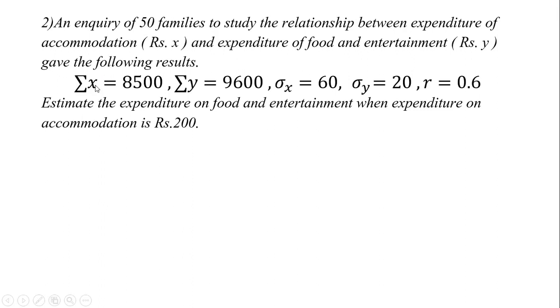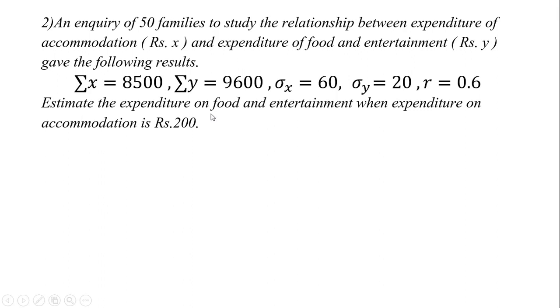X bar is equal to summation x upon n. Similarly, y bar is equal to summation y upon n. So we can find the values of x bar and y bar, and these three things, sigma x, sigma y and r, are given. From these, we find regression coefficients byx and bxy.